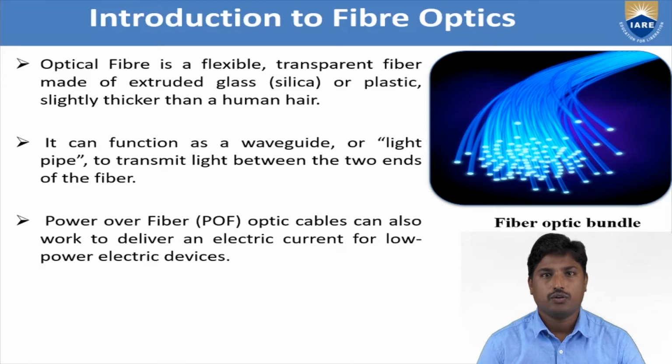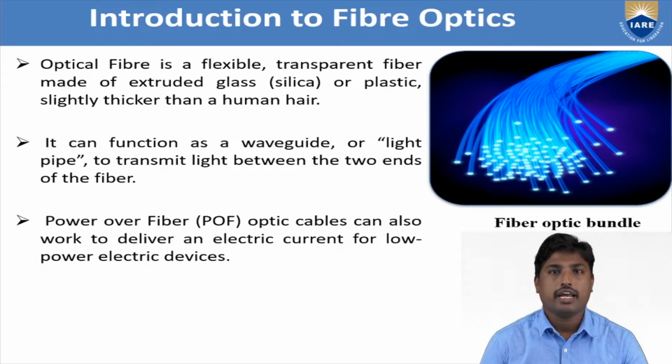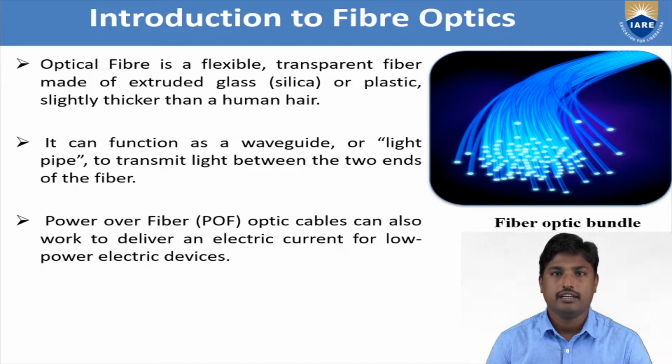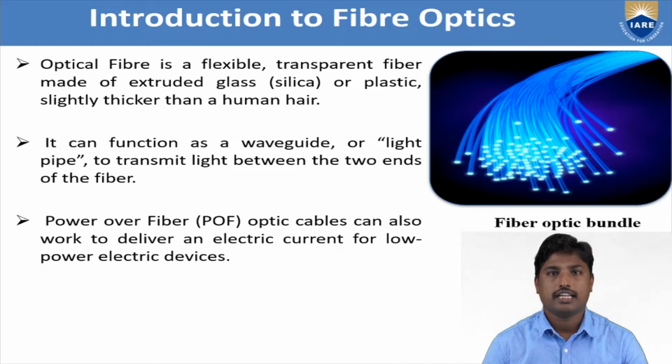We already know that to transmit any type of data we require a guiding medium. For example, to transmit electrical signals from one place to another, we require copper cables. Like that, to transmit light signals, optical fibers are used as the guiding medium.